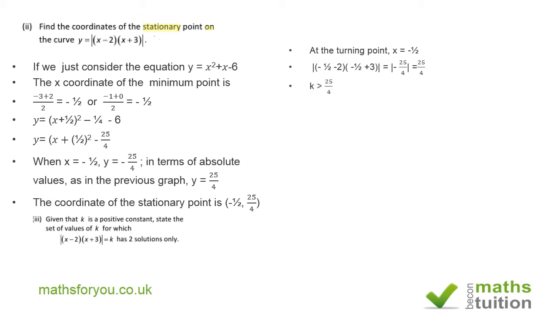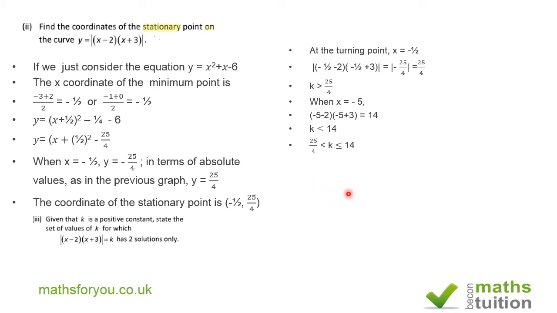Also, when x is minus 5, y or k is going to be 14. So k is going to be a value less than or equal to 14 and greater than or equal to 25/4. That's going to be our answer, because we're dealing in absolute terms.